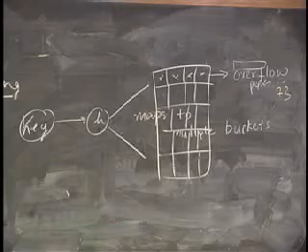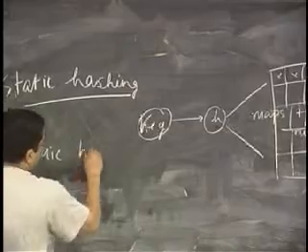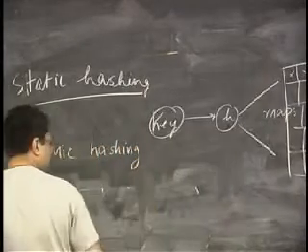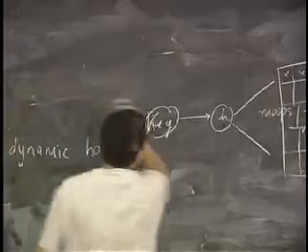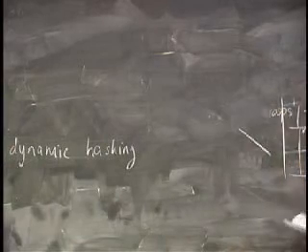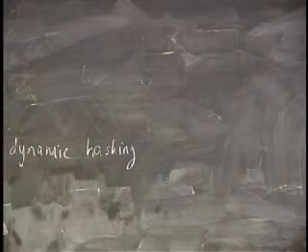The second is dynamic hashing. I'm going to draw the diagram from the book.